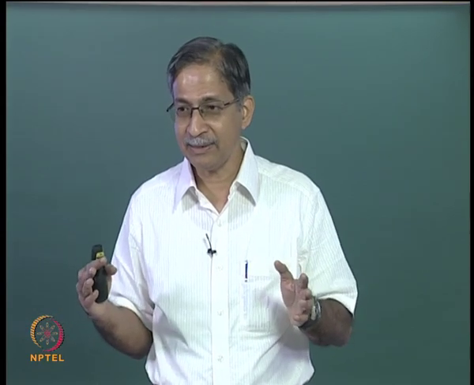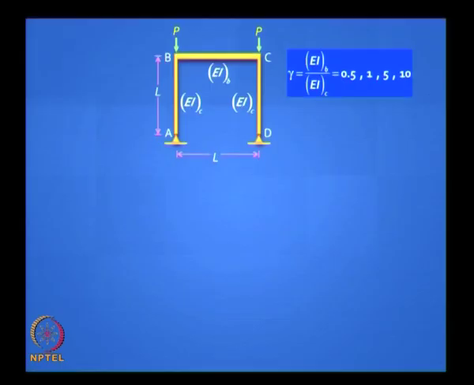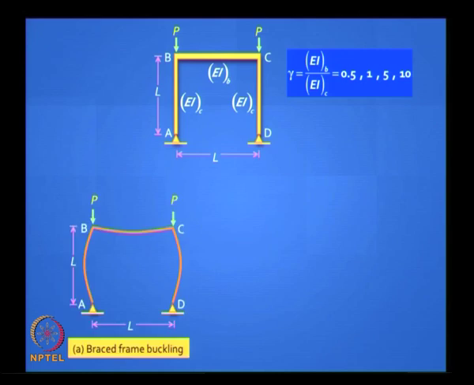If it's braced, let's look at that. Let's look at the two modes of failure. If it's braced, how do you think it will buckle? Braced means no sway. How do you think it will buckle? It will buckle like that.